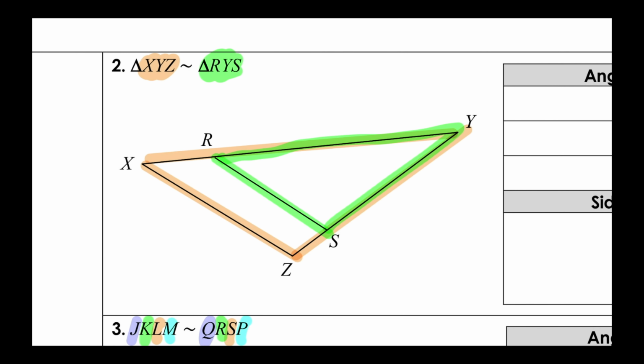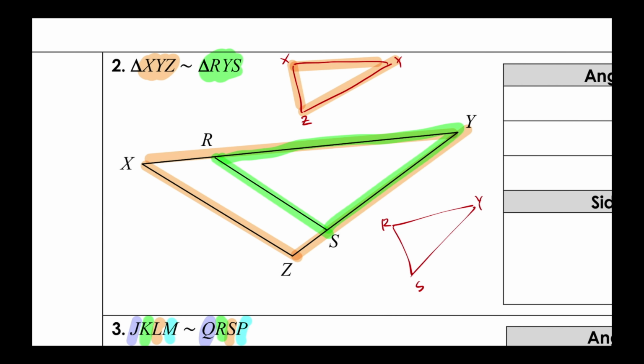So what I like to do in these cases is draw the separate triangles. So there's the big one, X, Y, Z. That's the big triangle. And then I like to draw the small triangle separately, R, S, Y. And that's my second triangle.